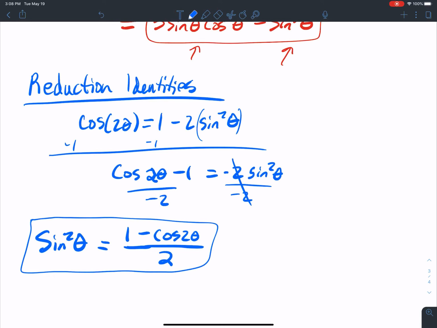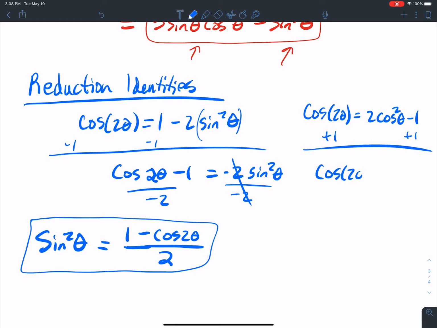The other reduction identities, well, say you take cosine 2 theta, and the other form is 2 cosine squared theta minus 1, right? So add 1 to both sides. You get cosine 2 theta plus 1 equals 2 cosine squared theta.